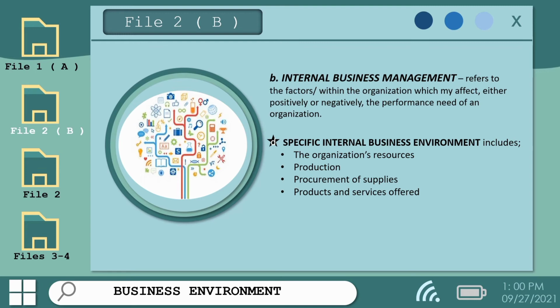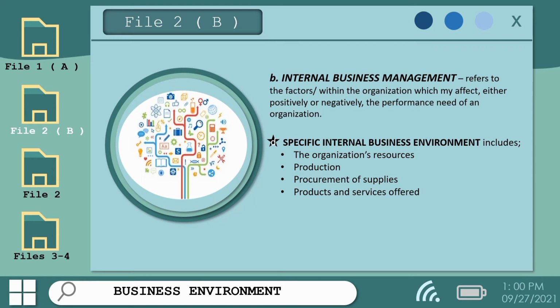So internal business environment refers to the forces or factors within the organization which may affect it either positively or negatively. This means that the internal business environment refers to anything within the company and under the control of the company, no matter whether they're tangible or intangible. These factors, after being figured out, are grouped into the strengths and weaknesses of the company. If one element brings positive effects to the company, it is considered a strength.